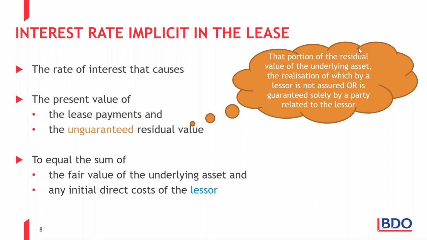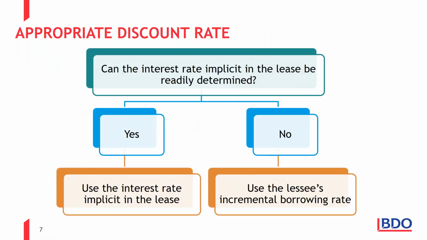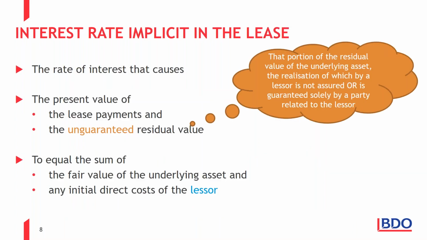So if I go back to my previous slide, can the interest rate implicit in the lease be readily determined? Yes or no. It really depends on whether we know what the unguaranteed residual value would be, whether we have access to it, and also whether we know what the initial direct costs of the lessor are.